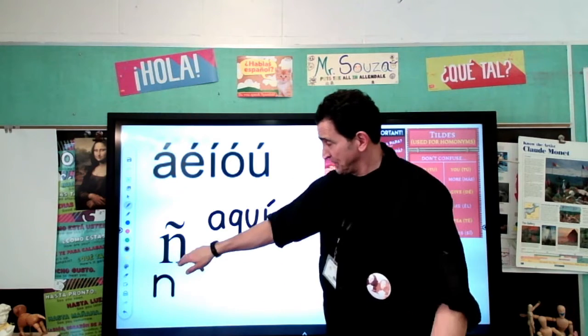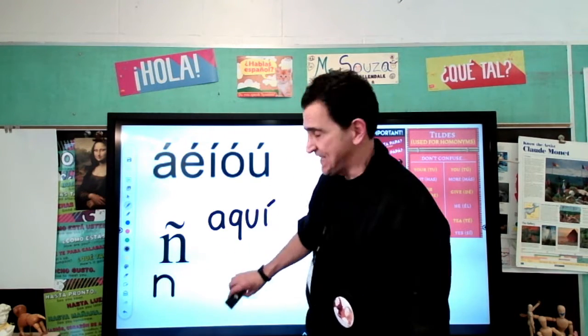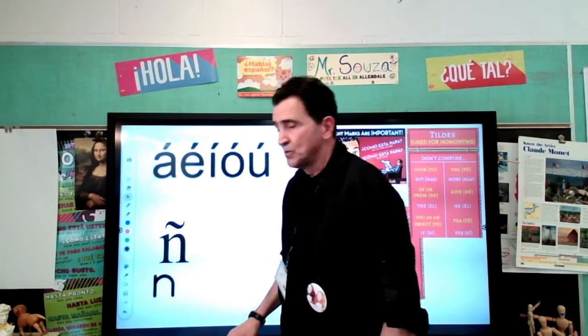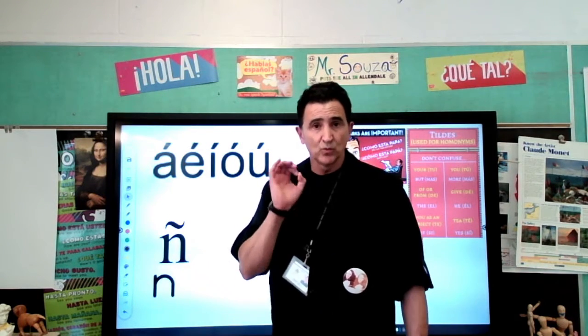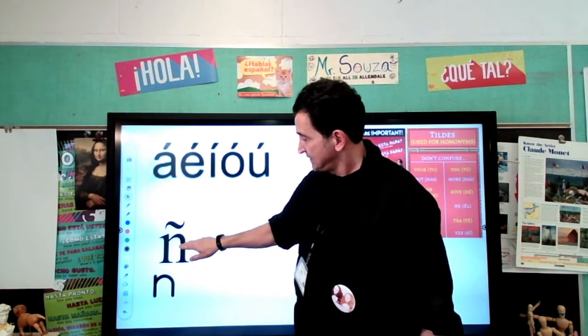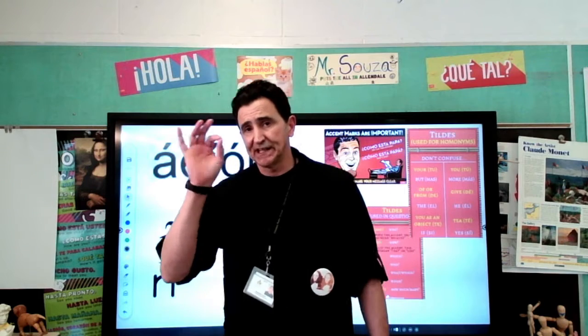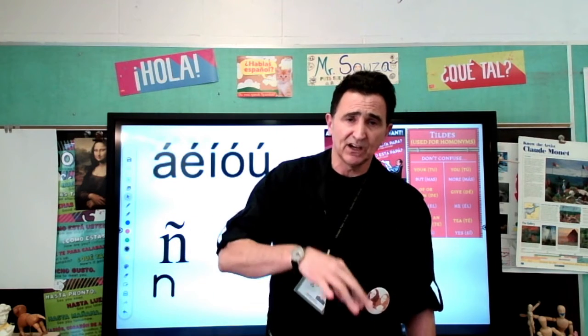So today, we're going to practice a little bit of our friend ñ. I'm going to show you on a table. We're going to practice working with ñ, a couple of times with the capital letter and a couple of times without.